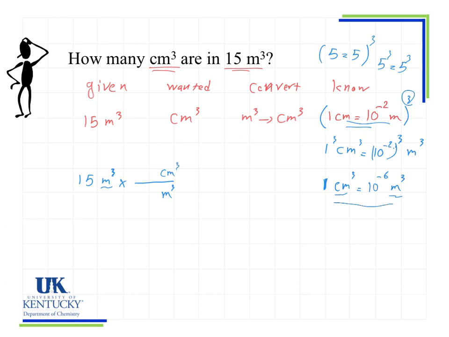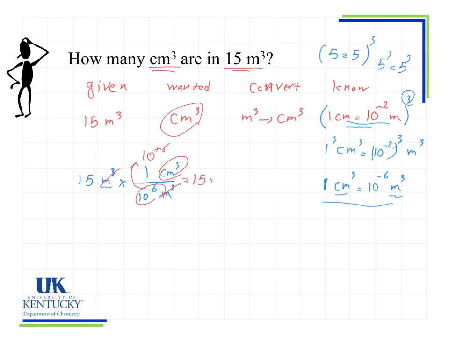And from our equality, I know that 10 to negative 6 cubic meter is 1 cubic centimeter, okay? So cubic meter with cubic meter, and we end up with cubic centimeter, and that's what we want, which is good. So this 10 goes to the top, and that's 10 to plus 6.